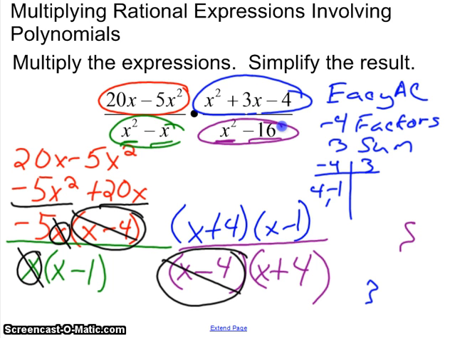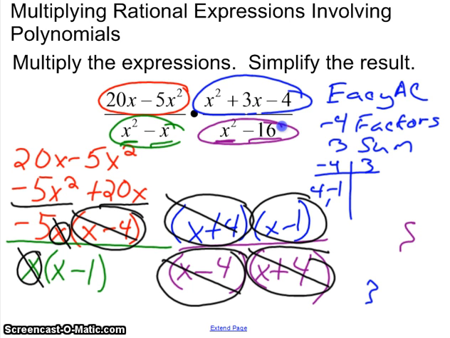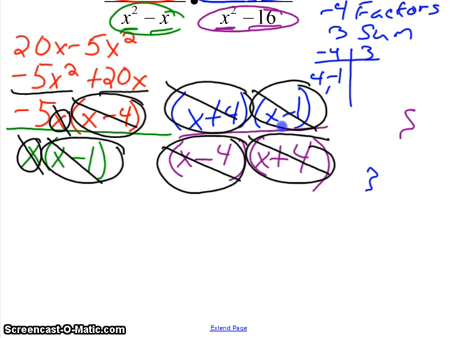They can cancel. I have an x plus 4 on the top and an x plus 4 on the bottom. They can cancel. And I have an x minus 1 on the top and an x minus 1 on the bottom. They can cancel. I just love it when these problems, everything cancels out.